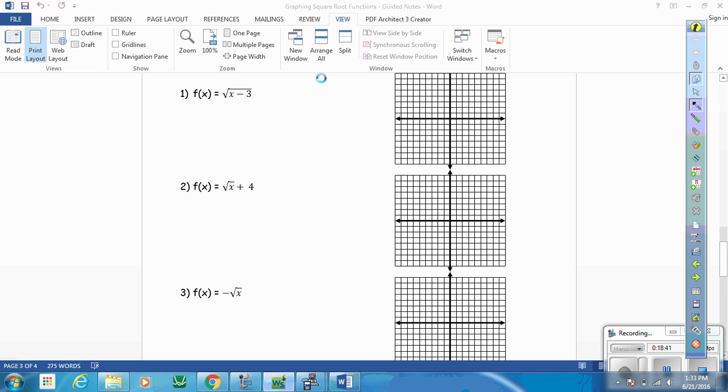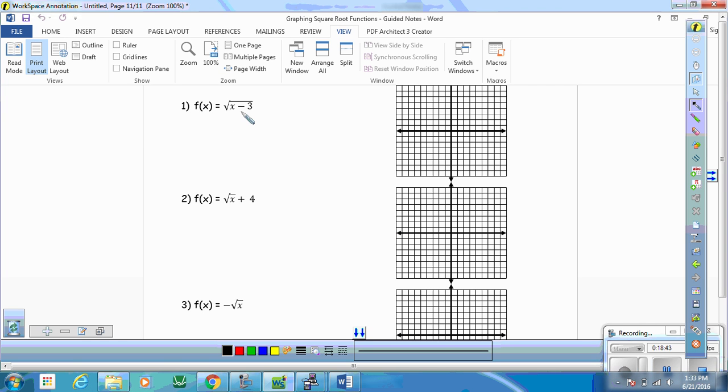So when I look at this particular square root, I realize that it has been shifted to the right 3 spaces. So instead of starting at 0, 0, it's going to go right 1, 2, 3. So here's its vertex, 3, 0. So our vertex shifted.